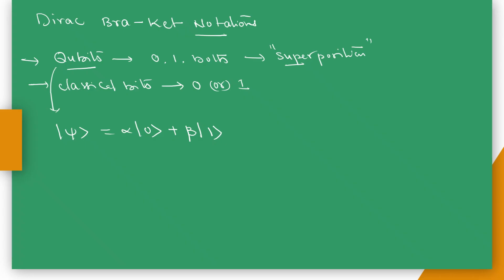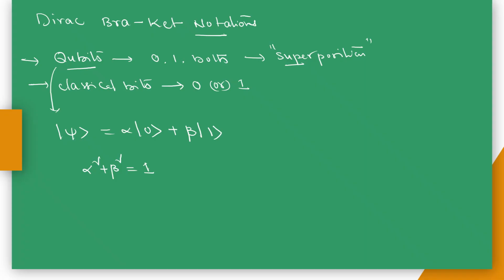The state psi is represented as alpha state 0 plus beta state 1, and the normalization condition is that alpha square plus beta square must be equivalent to 1.